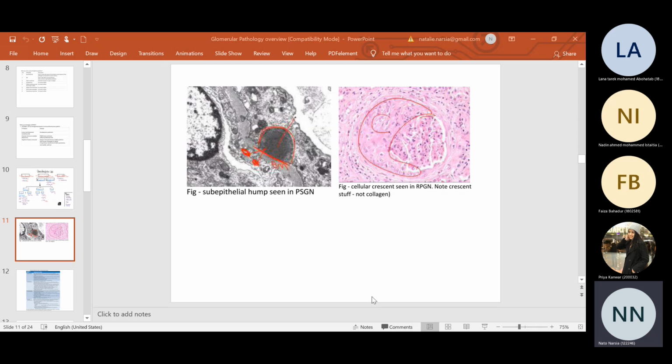So you remember linear immunofluorescence, where we mentioned it. That means you have antibodies against basement membrane. That's why an example will be Goodpasture syndrome, because Goodpasture syndrome is a disease where you have antibodies against collagen in both glomerular and alveolar basement membrane.